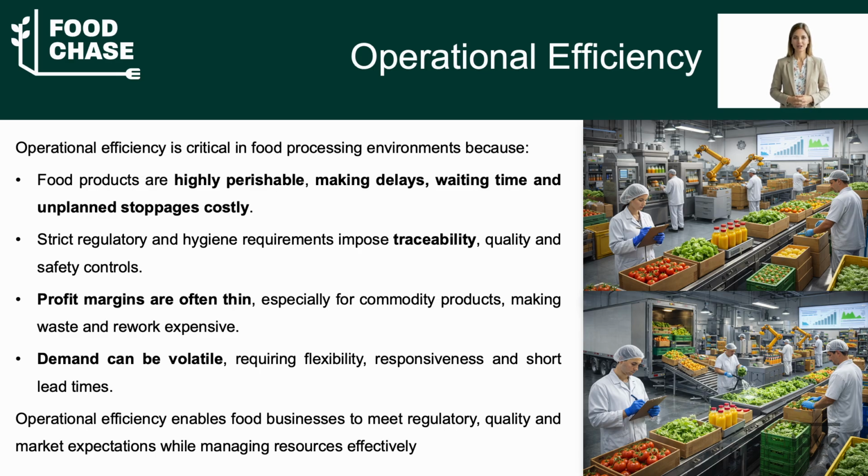Third, profit margins in many food categories are thin, especially for commodity products, meaning that waste, rework, and variability directly erode profitability. Finally, demand volatility requires responsiveness, flexibility, and short lead times. For these reasons, operational efficiency enables food businesses to meet regulatory, quality, and market expectations while managing resources effectively.